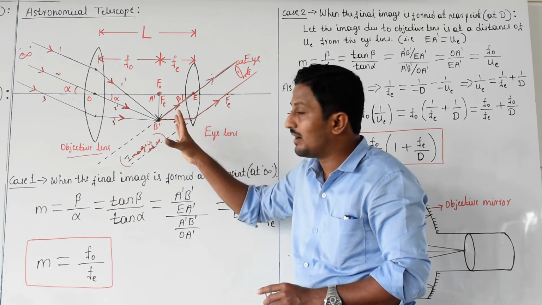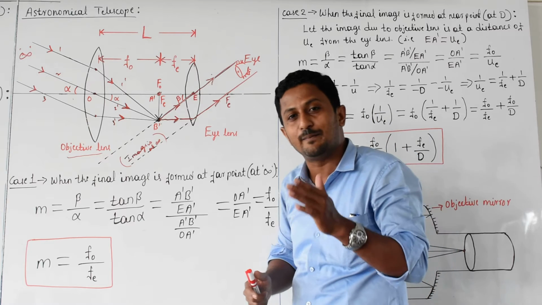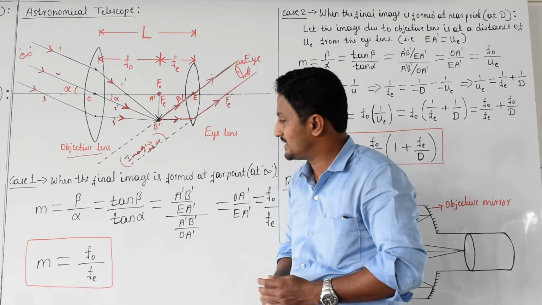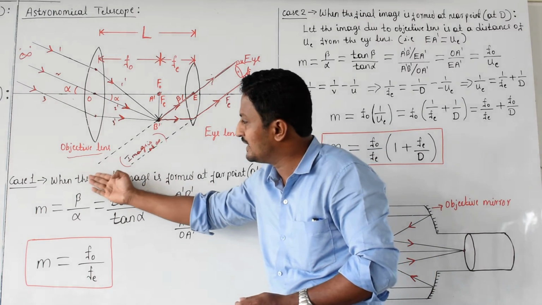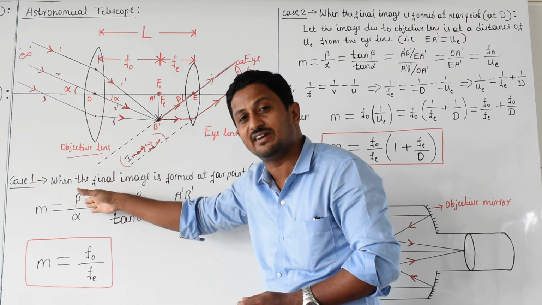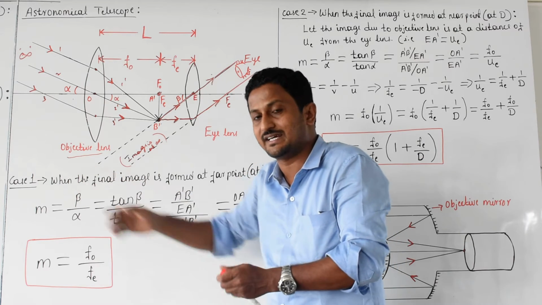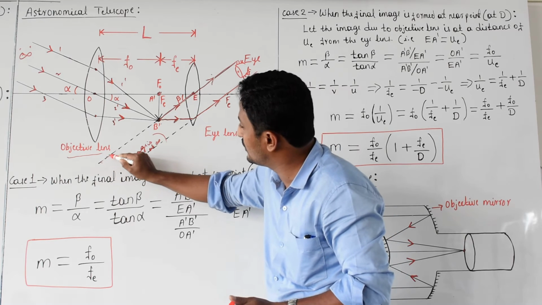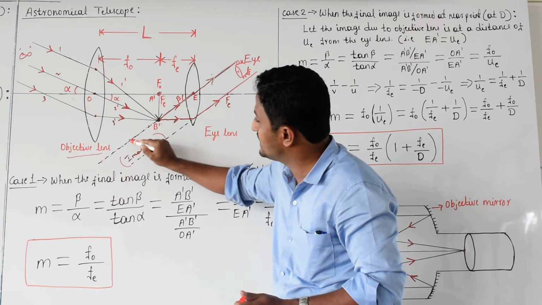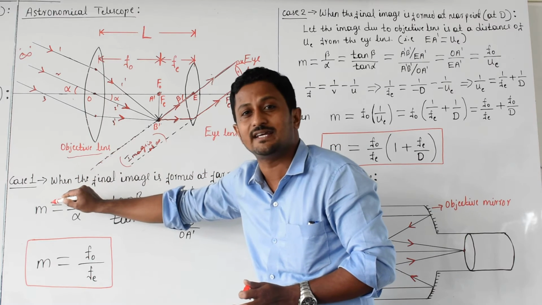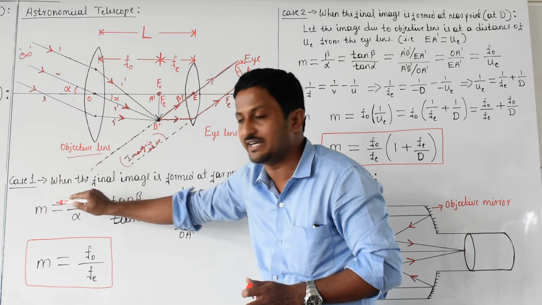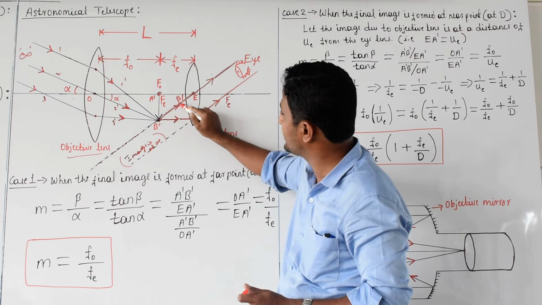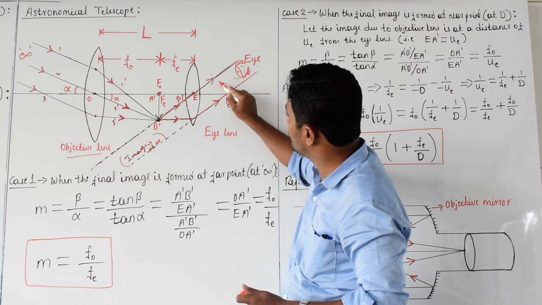Look in the diagram, where is that beta? I said beta is the visual angle by the image. Where is the final image? The final image is at infinity. Then look along any one light ray. This light ray is going to meet the image which is at infinity. I mean this light ray is from that image. Yes, your eye is here, you are viewing here.